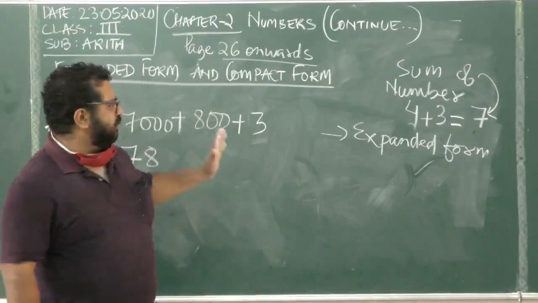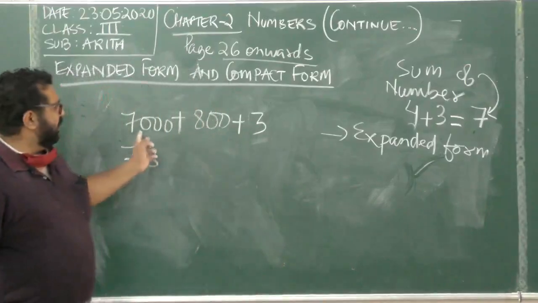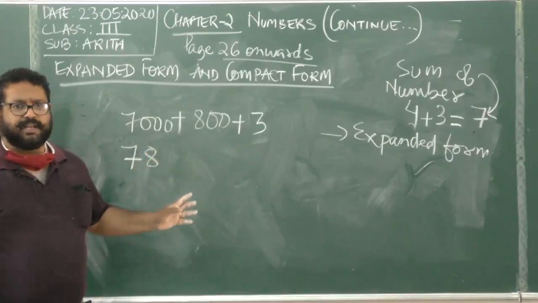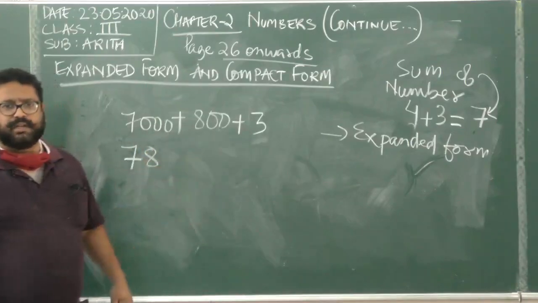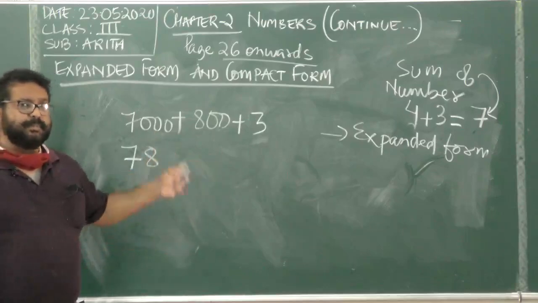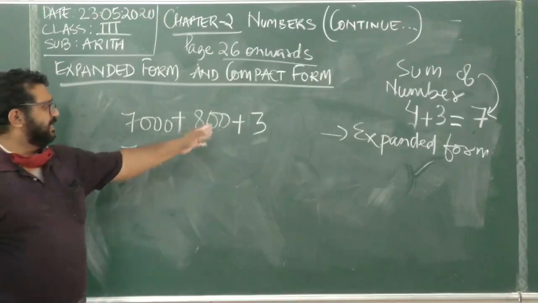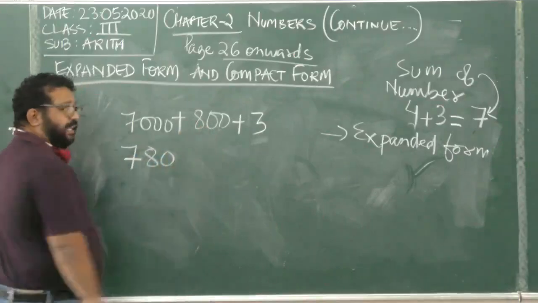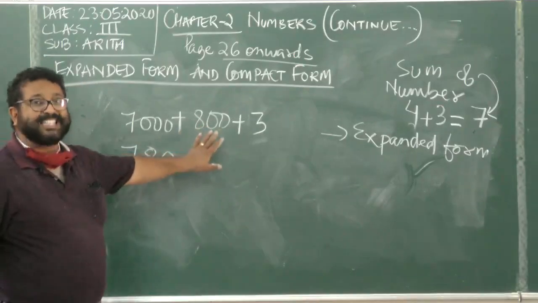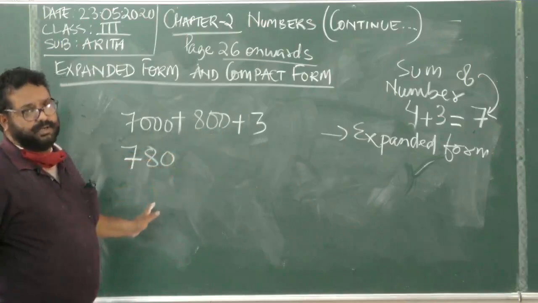Alright. So what are we doing? The expanded form of a number is given, but we don't see the tens in it. There are no tens. So here be careful: in the expanded form the tens are skipped, but we cannot skip them here.